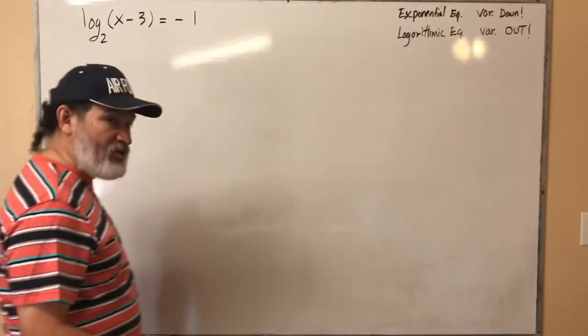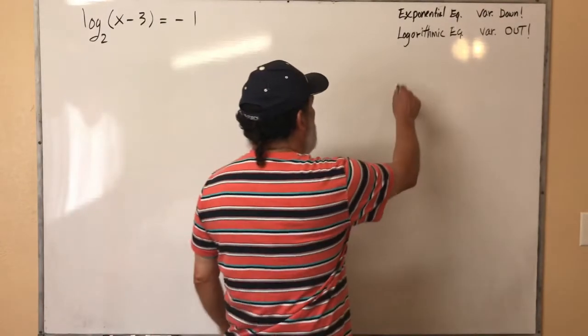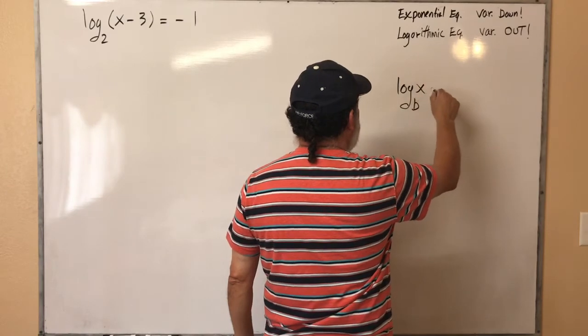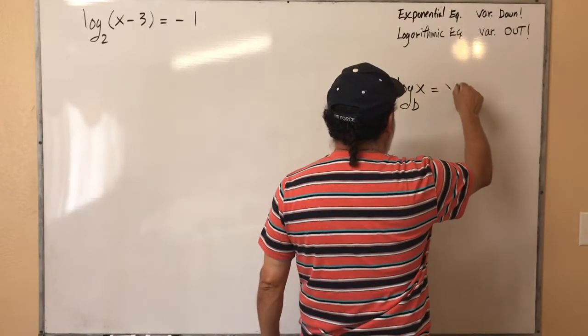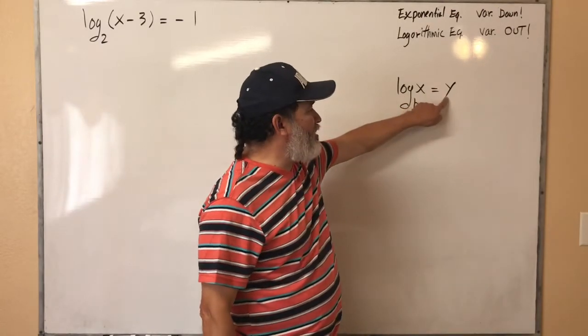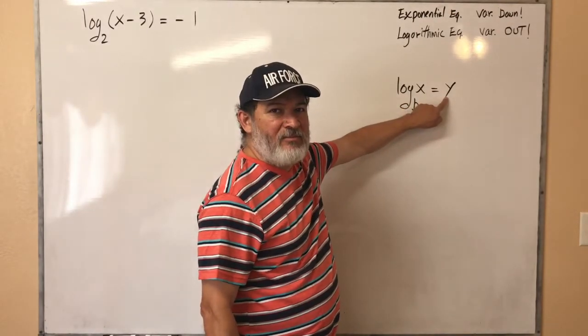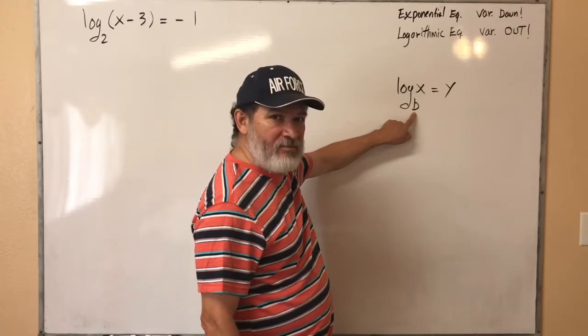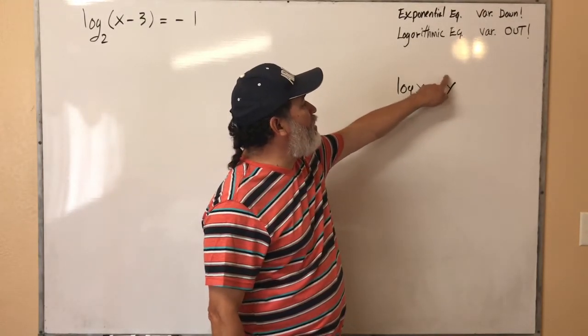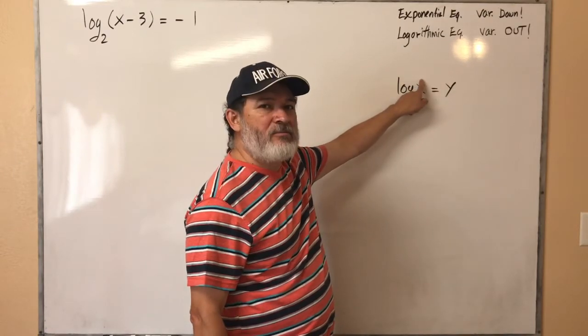Okay, so watch this. Log base b of x equals y. This logarithm equals an exponent. This is the base. This base to this power gives you the argument.